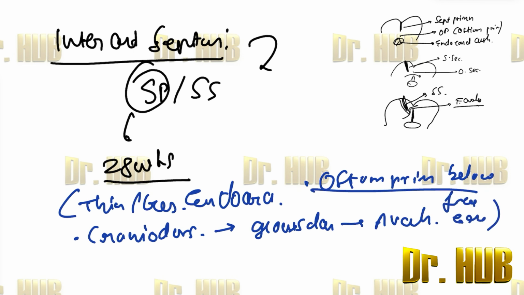So this is all mentioned in our labeling. So we have the septum primum, there is ostium primum as well as the endocardial cushion.